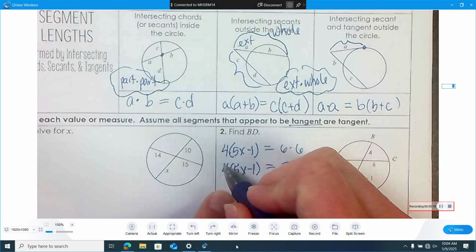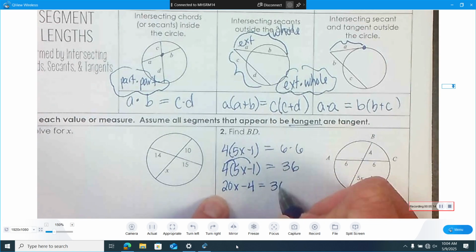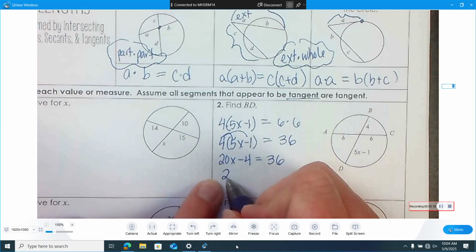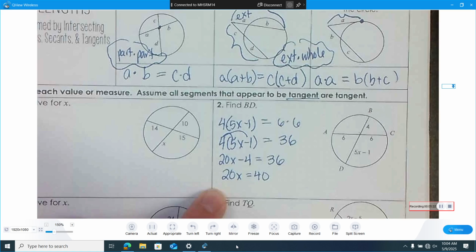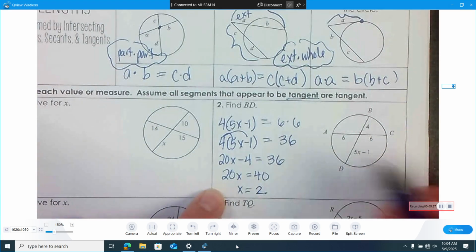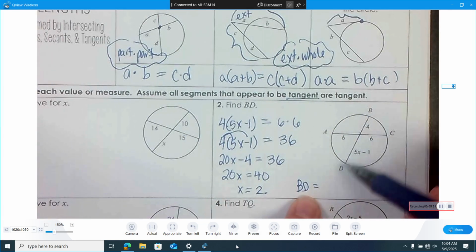Okay, well, let's just do that. So let's distribute. So 20x minus 4 equals 36. And then what do you want to do? Add 4. So we get 20x equals 40. And then divide by 20, we get x equals 2. We need to find BD. So what is the length of BD?